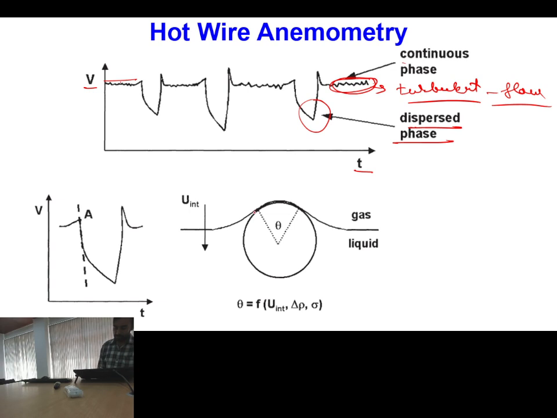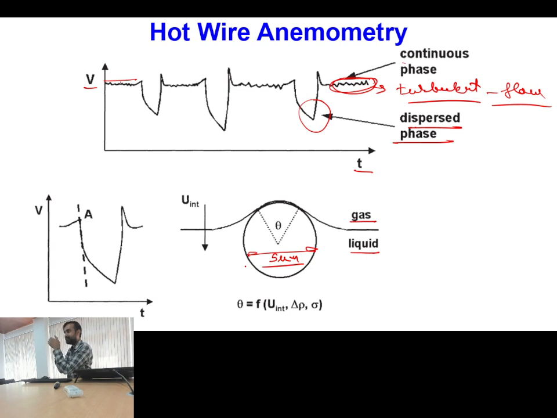Say this is your probe wire, this is gas and this is liquid, so this is a big gas bubble. But when you zoom in, at this diameter of 5 micrometer, you will find that there is deformation of the bubble interface. So your gas bubble has deformed something like this.